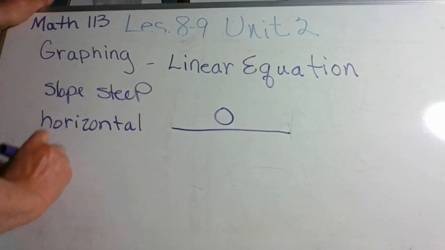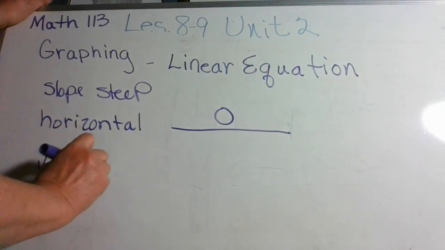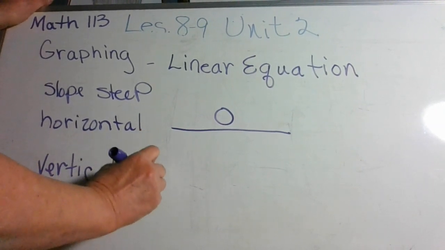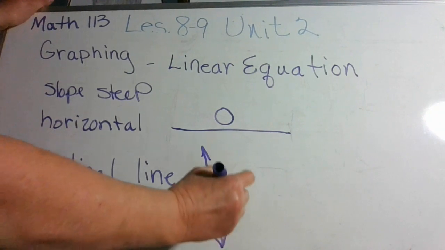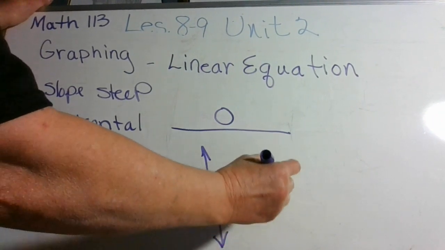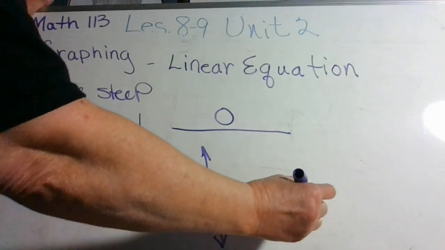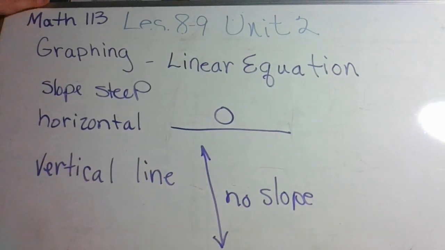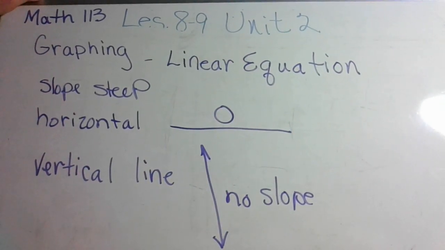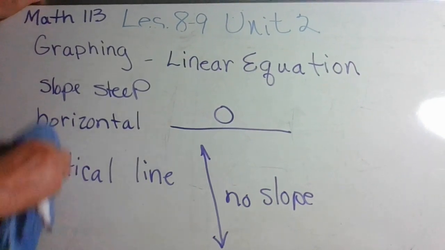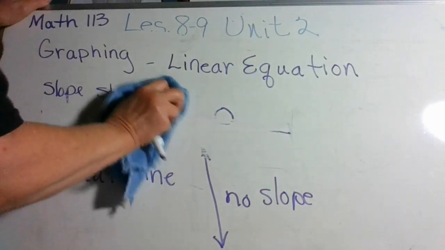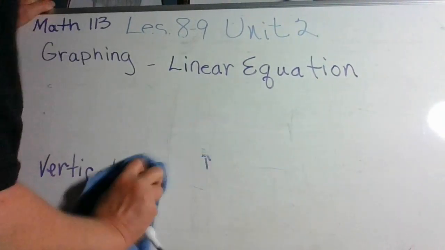If we have a vertical line, it has no slope because it ends up with a 0 in the denominator. So we just call that no slope. Okay, so slope tells how steep something is.